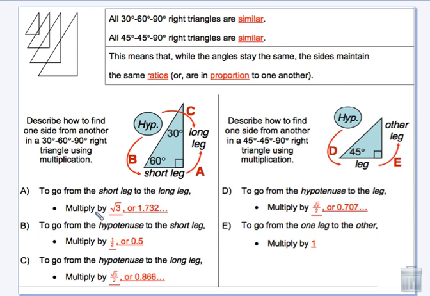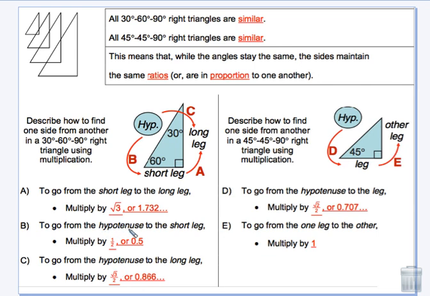So no matter what, if you have the length of your short leg to find the long leg in the 30, 60, 90 degree triangle, you're going to multiply by the square root of 3. This is what the approximate decimal would be. I want you to use the square root of 3. Do not plug in times 1.732. That'll give you a rounded answer. I want your answers to be as exact as possible.